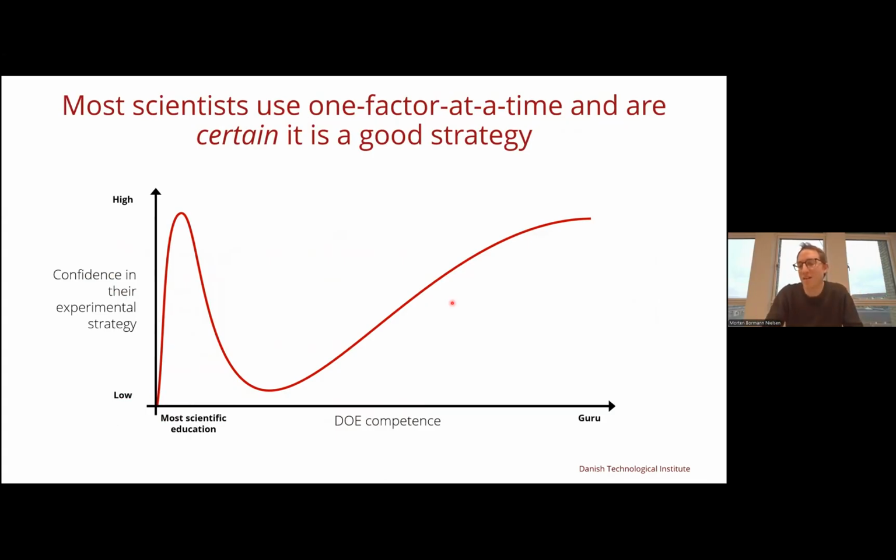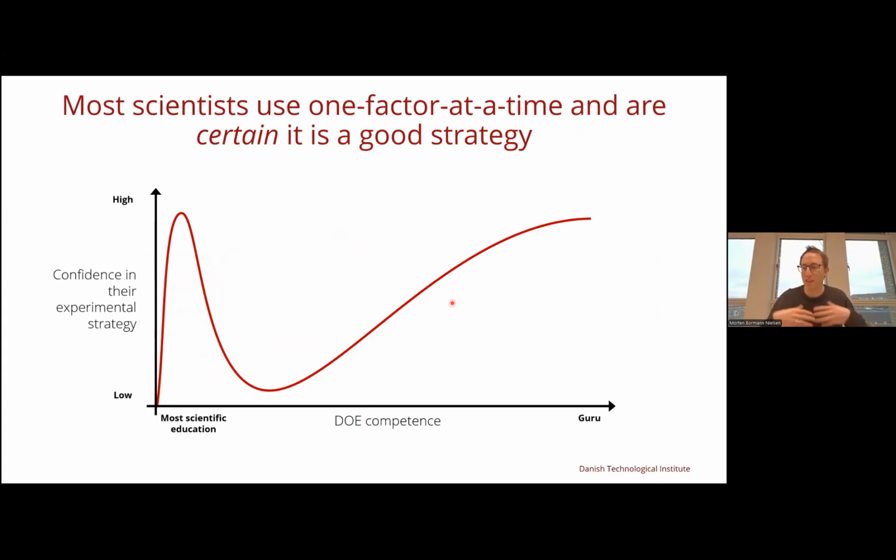The other argument for why many data-driven techniques are not really used much in industry has to do with humans. Most scientists to this day in many companies still think that one factor at a time is the right strategy, and they're very confident in that belief.